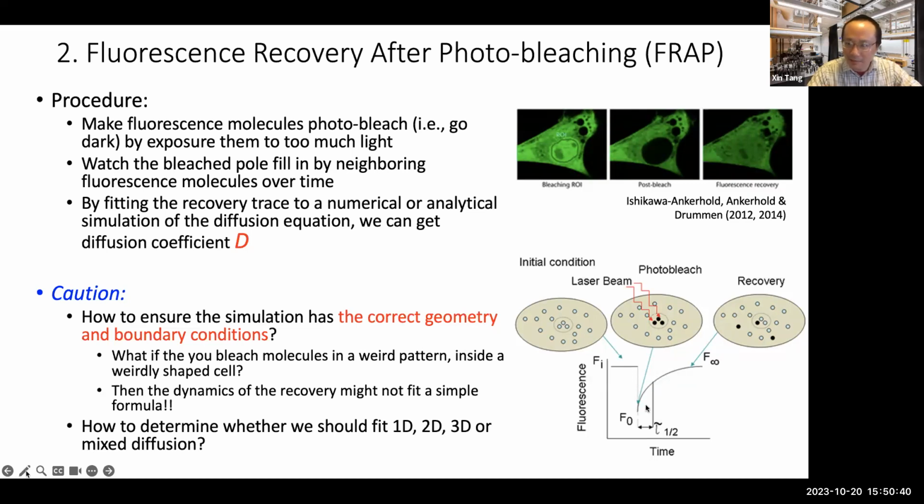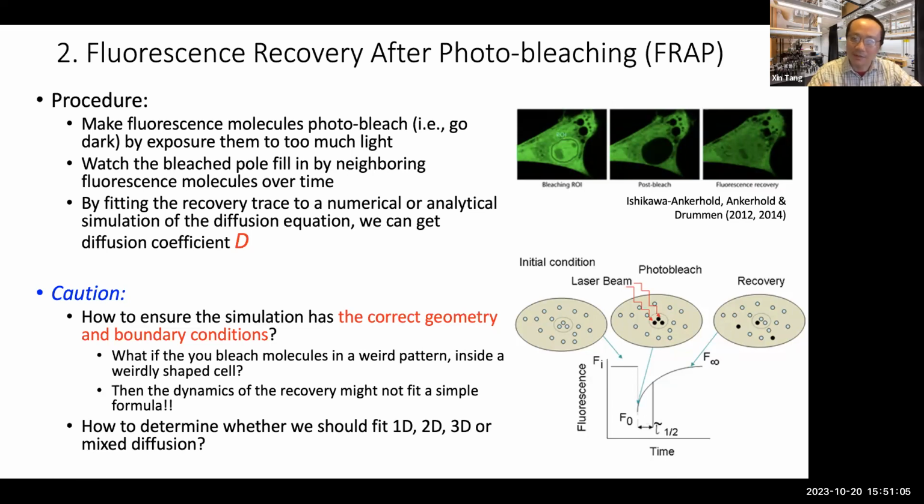That information contains the diffusion coefficient. If they are faster, they move very fast, then this delta T is very brief. If they move very slowly, like huge molecules, then you take a much longer time to get the recovery. Right?